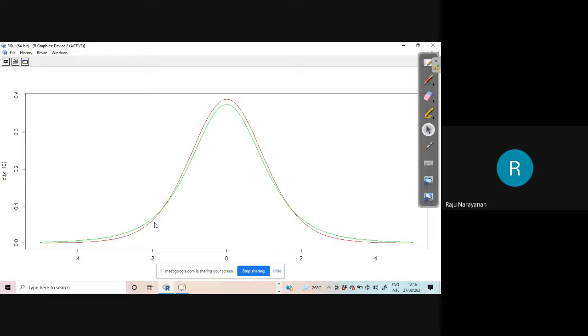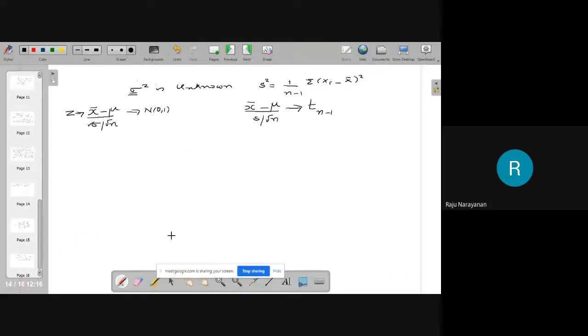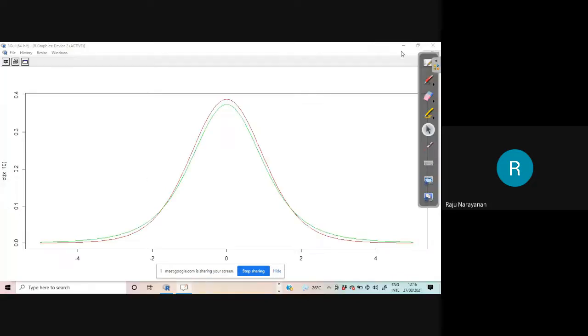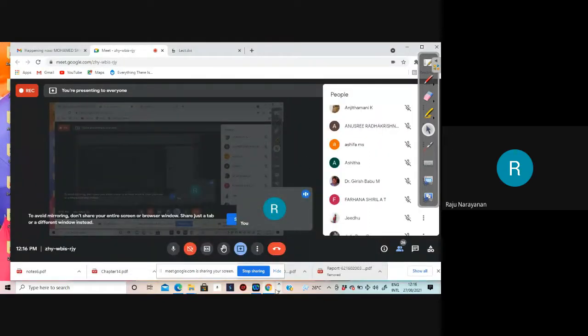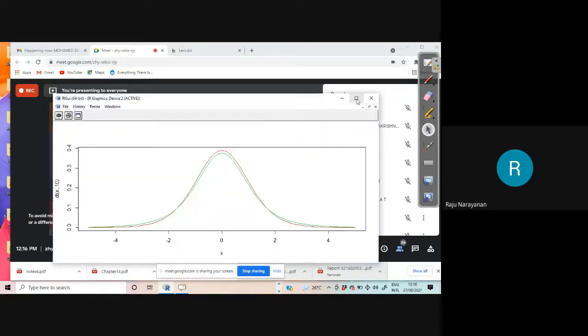Probability that A less than X less than B is the area under the curve between A and B. Okay, therefore, for different degrees of freedom, you will get different shapes for the curve.